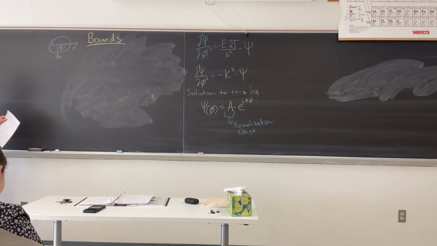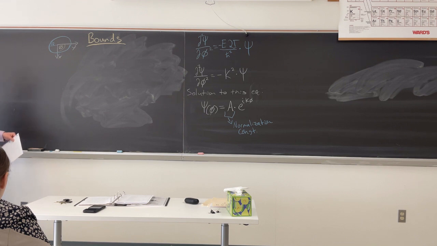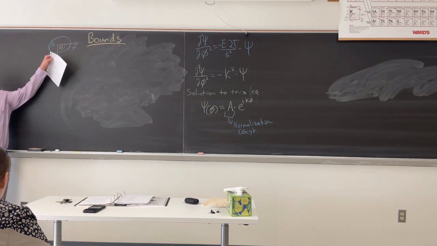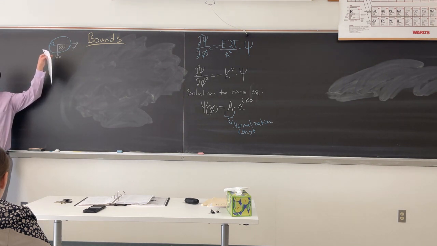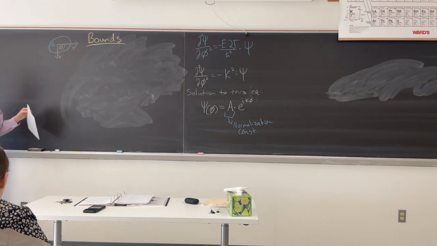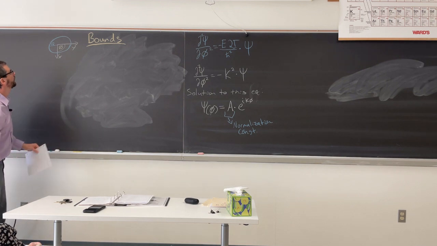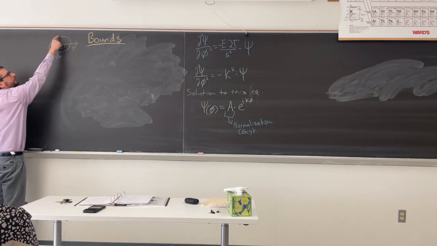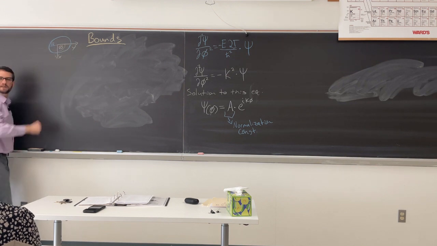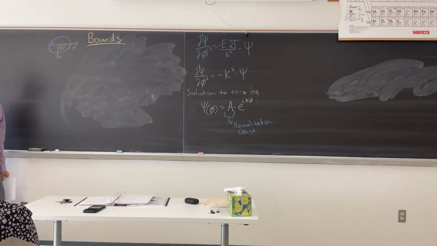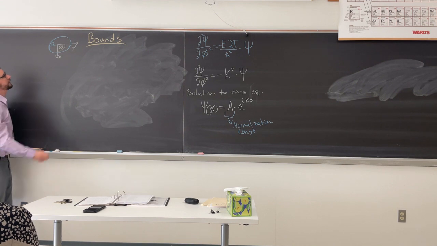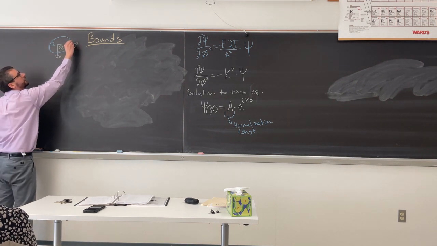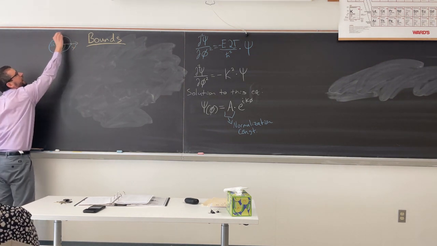Okay. Our system's traveling on a what? A ring, a circle, right? How unique is this circle? So let's say I start here, I travel to that point.